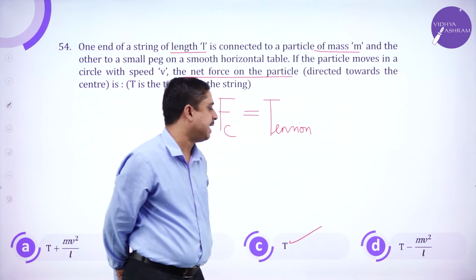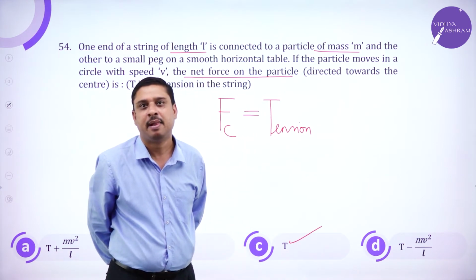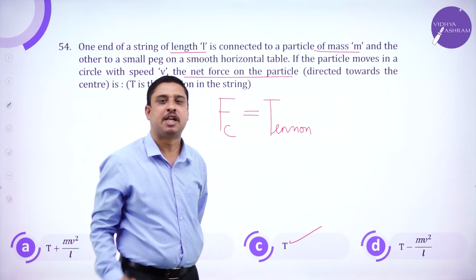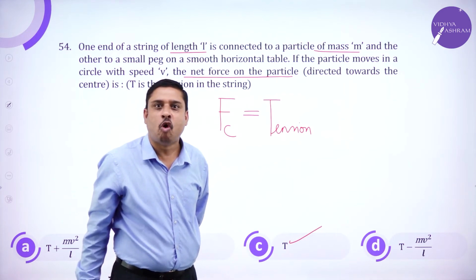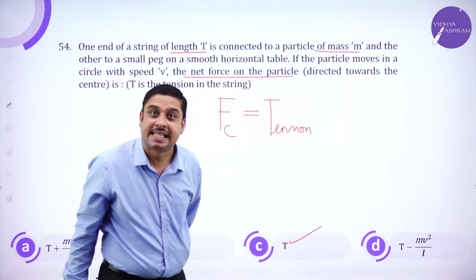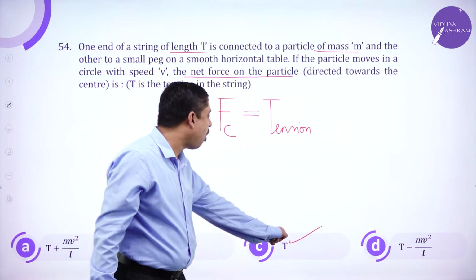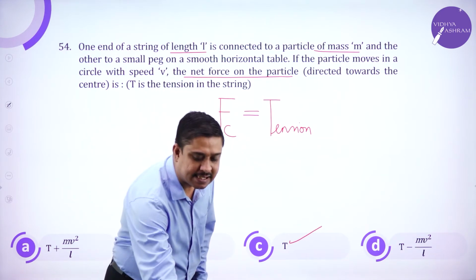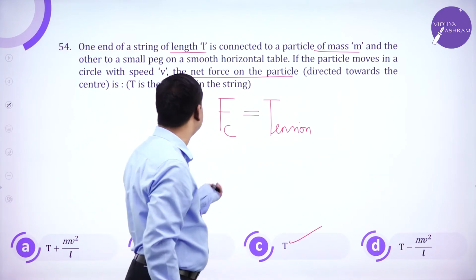So the answer is C, which is T. So the particle rotating about a circular path, force acting towards the center, that is what is equal to tension, which is nothing but the centripetal force.